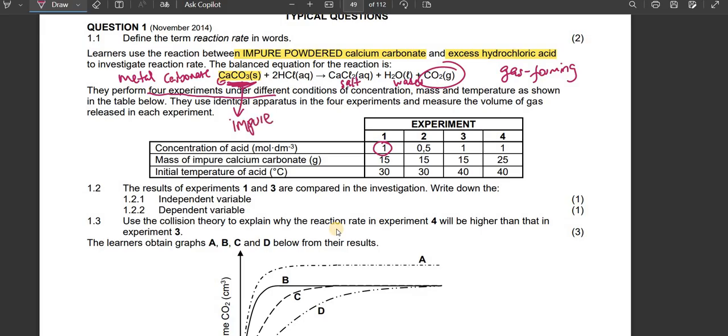If something is impure, guys, I want you to understand that when we are saying something is impure, think of that calcium carbonate as a stone, or think of it as a boiled egg.